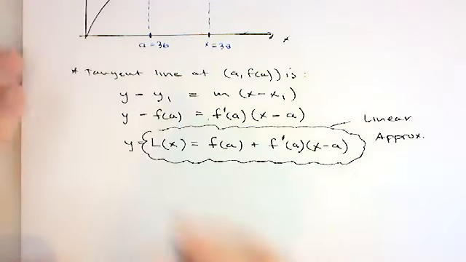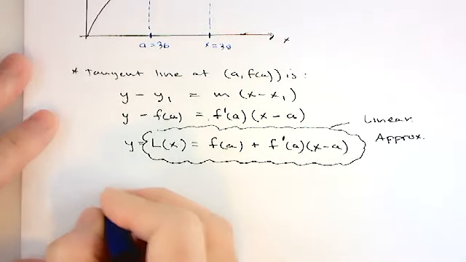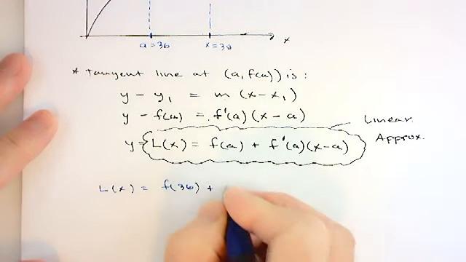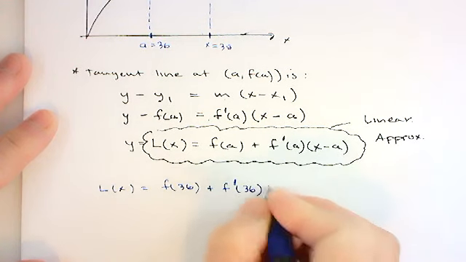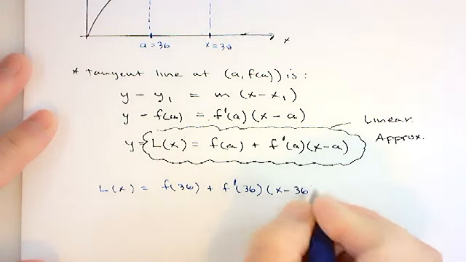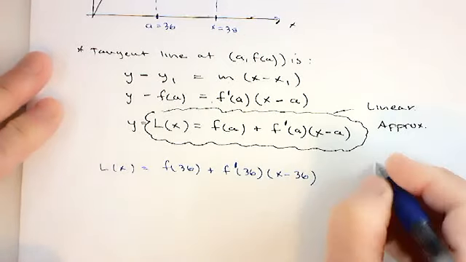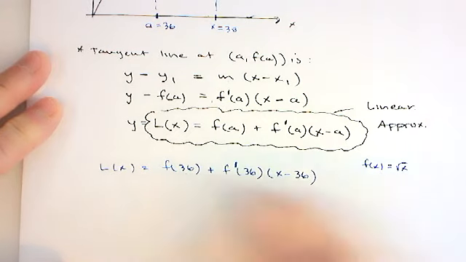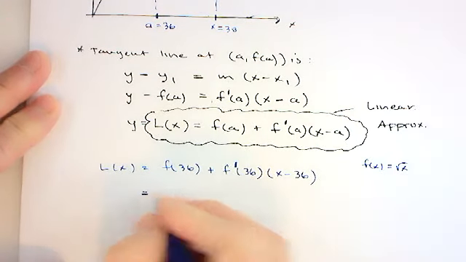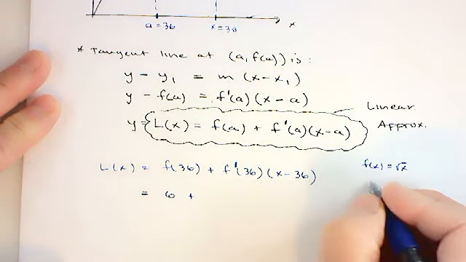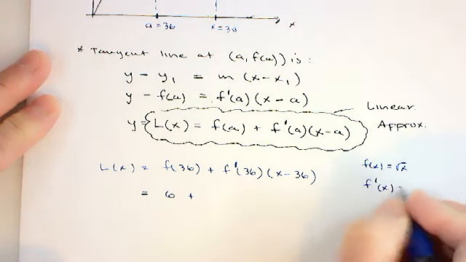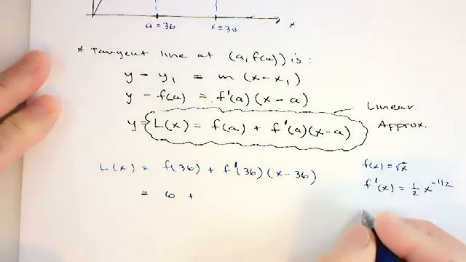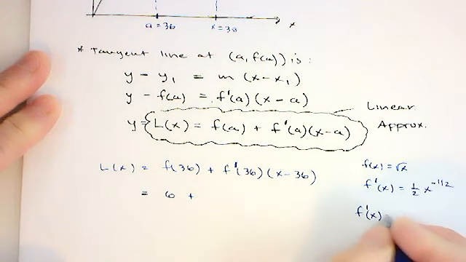All right, so let's put this into action for our problem. Our a value was 36, so our linearization is going to be f of 36 plus f prime of 36 times x minus 36. Remember, my function was the square root of x. So it's easy to see f of 36 is just the square root of 36, which is 6. The derivative, though, we might have to work out. The derivative of root x is 1/2 x to the negative 1/2, which, because I'm going to plug in a number, I'm going to simplify.